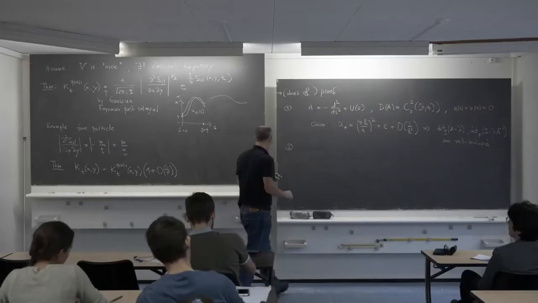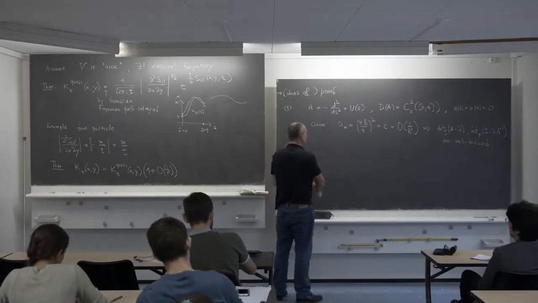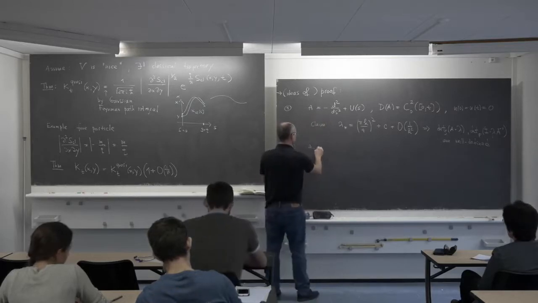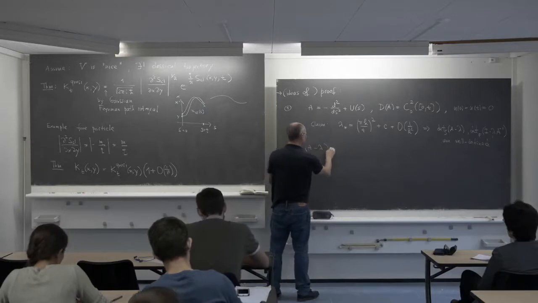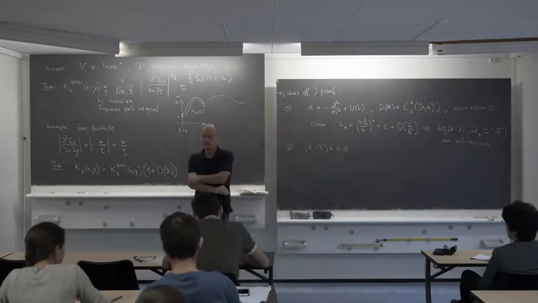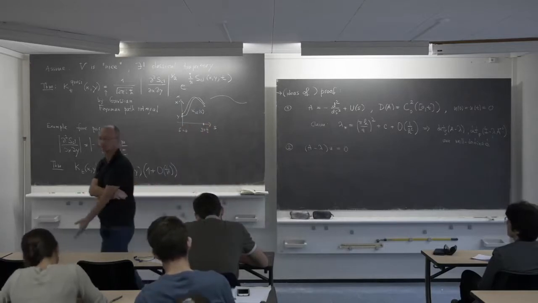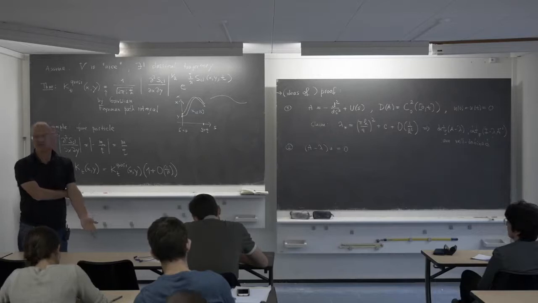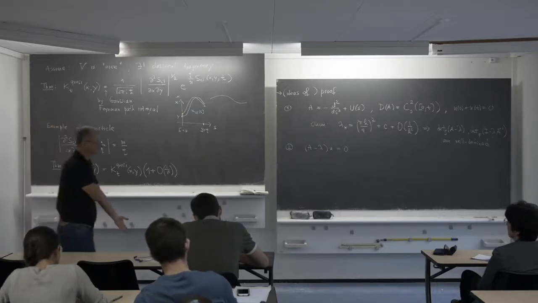Now an interesting second step. We know that the equation A minus lambda u equals 0 actually has two linearly independent solutions for any lambda, right? No matter what.